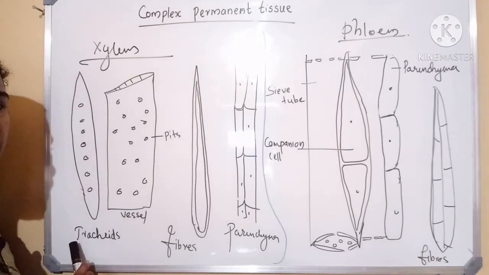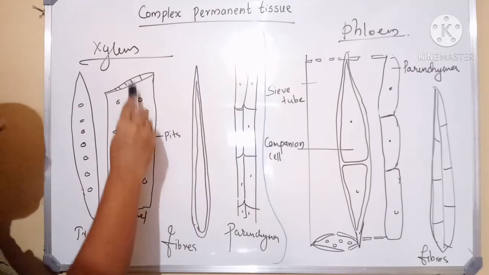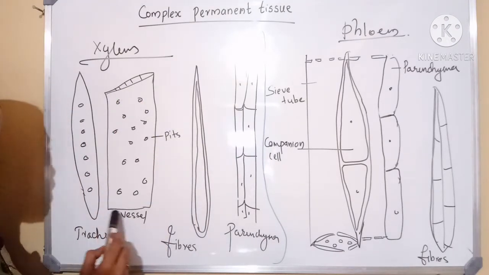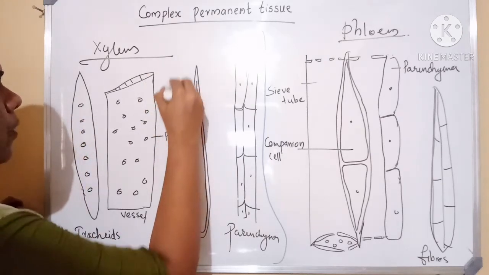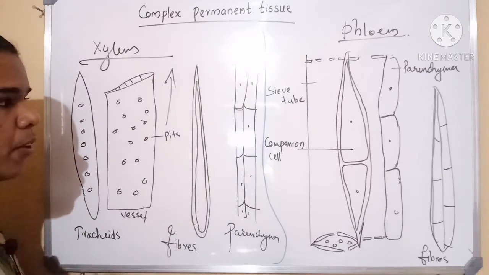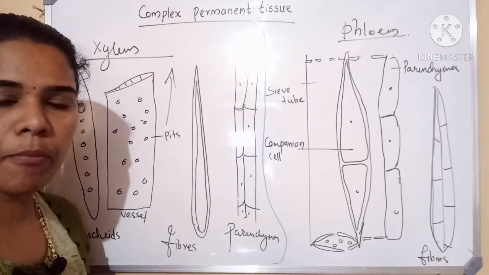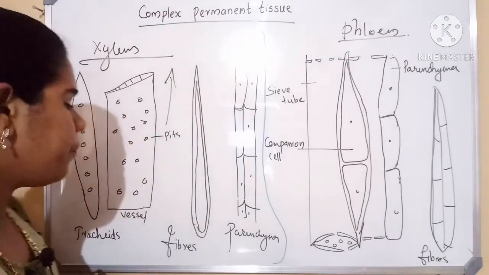You can see the xylem tracheids and xylem vessels. Both are tubular in structure, which helps upward conduction of water.